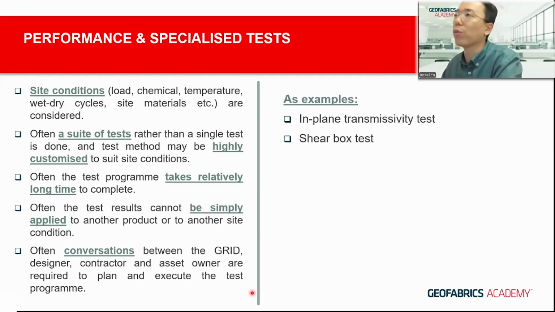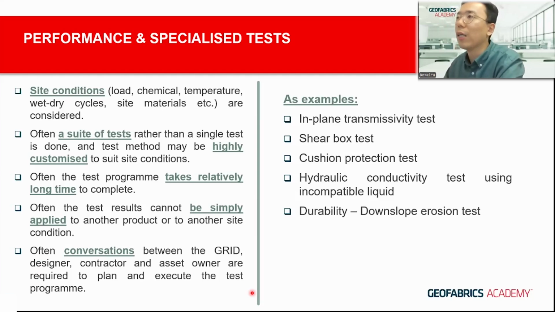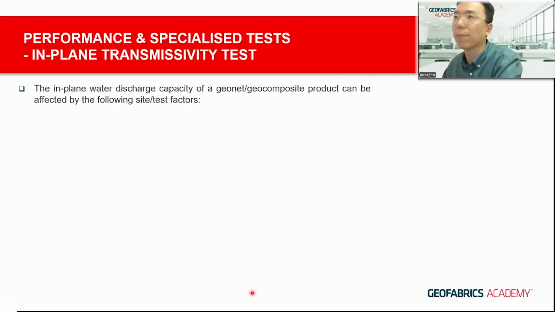A few examples we do here include the in-plane transmissivity test, the shear box test, the cushion protection test, the hydraulic conductivity test using incompatible liquids, and a couple of durability tests investigating the GCL downslope erosion, the pond immersion test on geomembrane or geotextile durability, and the outdoor exposure test, particularly focusing on UV endurance. So we will go through each one in a little bit more detail in the following part.